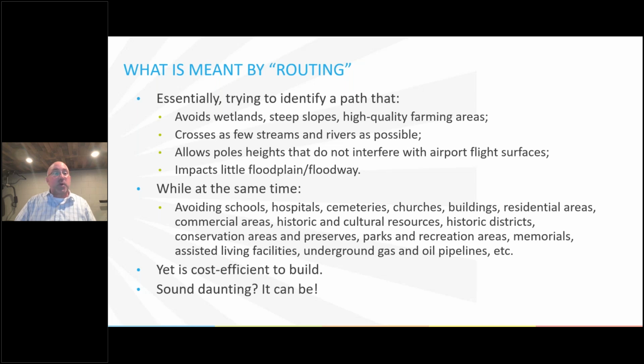So essentially, we're trying to identify a path that avoids wetlands, steep slopes, crosses few streams and rivers, has low pole heights that don't interfere with airport flight surfaces, impacts little floodway and floodplain, while at the same time avoiding all of this stuff down here. Yet it is cost efficient to build. Does it sound daunting? It can be, depending on how you route.